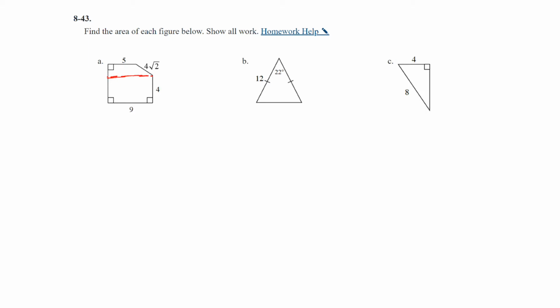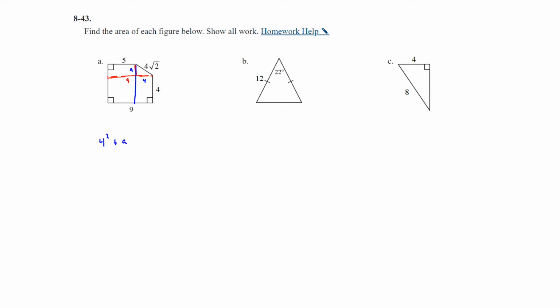But with the trapezoid, we need the height. We have the base, which is 9. We have the other base, which is 5, but we'll know what this height is right here. But I think we can find that out because we have the hypotenuse, and then if this is 9, and then this represents 5 units, that would be 4 right there. So we can use Pythagorean Theorem. You might realize that it is a special right triangle as well, but we'll go ahead and use Pythagorean Theorem just to show that.